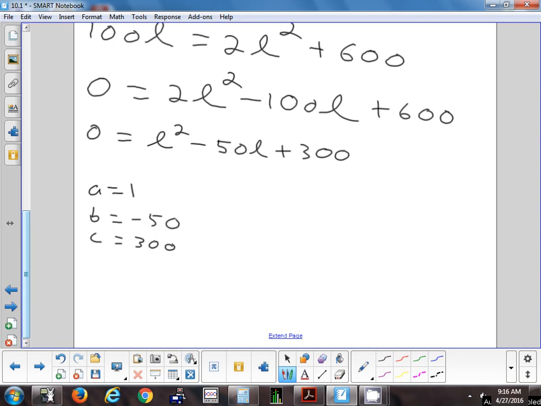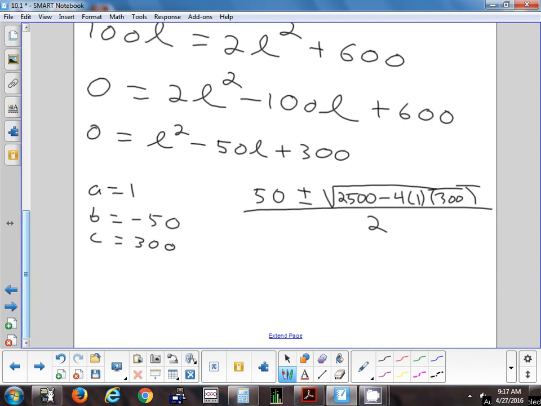What's the first thing in the quadratic formula? X equals negative B, yep, plus or minus the square root of B squared minus 4AC. 4AC, so far so good. All over 2A.